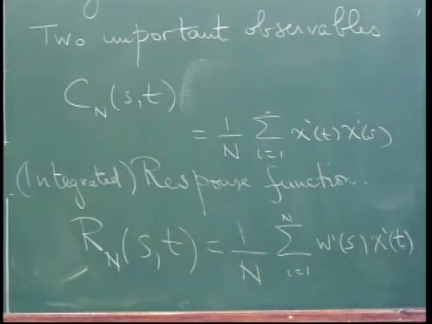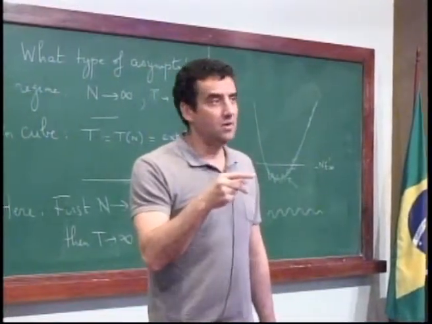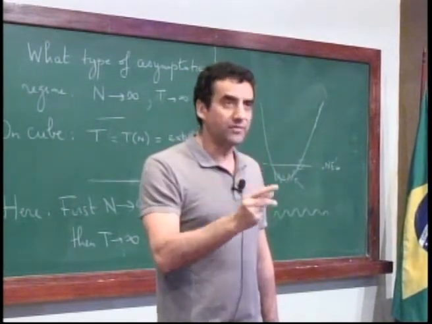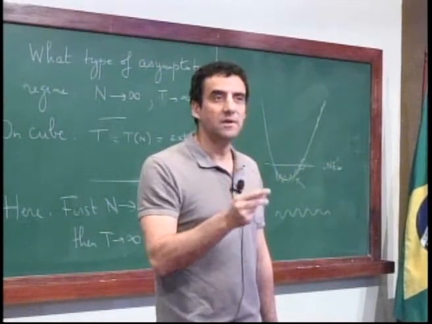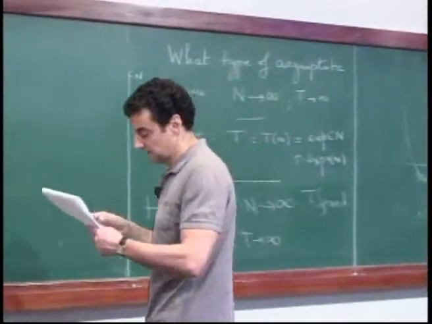You don't need anything else. And then you will have a two-dimensional system of equations. We have two equations, which admittedly are complex. They are coupled, integro-differential, nonlinear, so painful, but at least you have only two equations. All right? And that's the Cugliandolo-Kurchan thing.